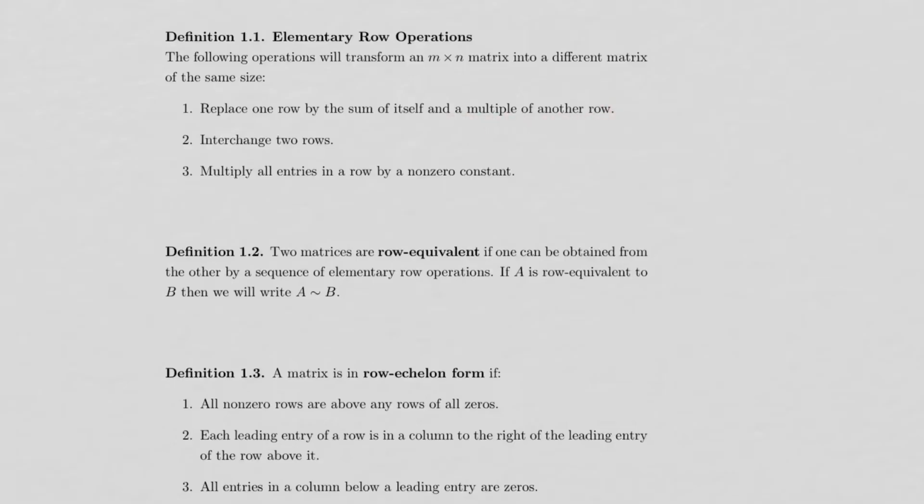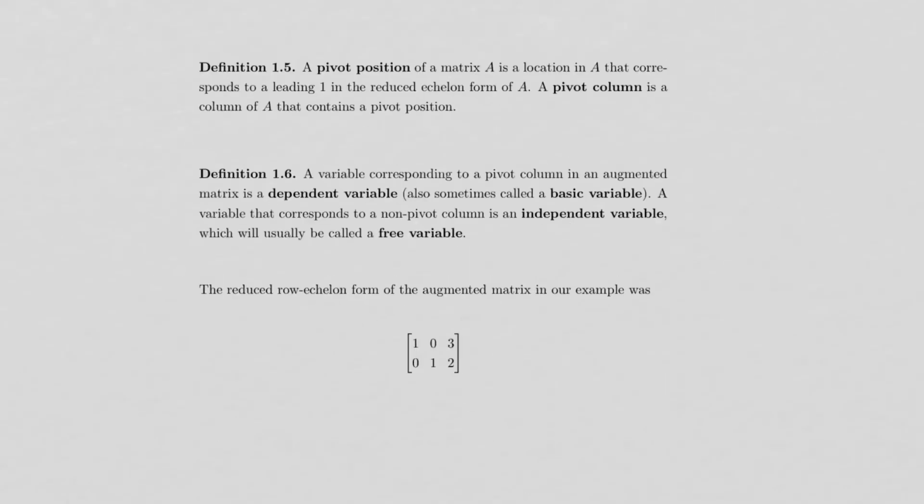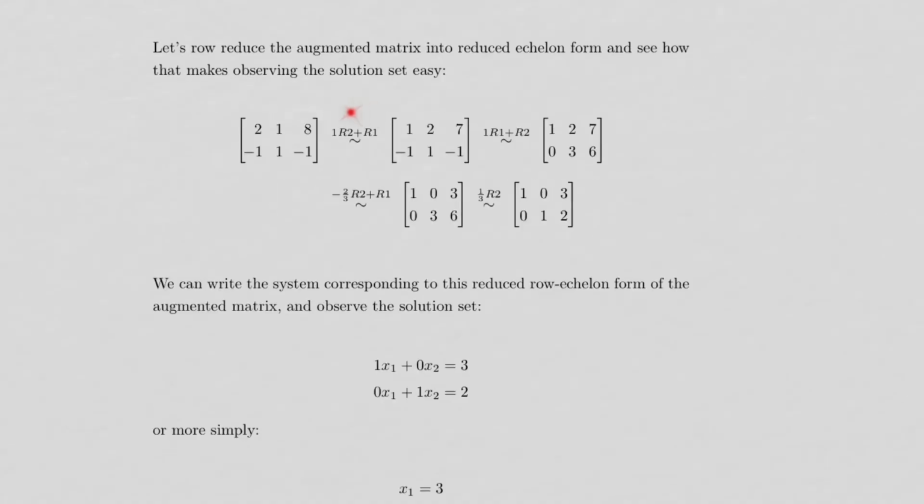So whenever you see an expression like 1R2 plus R1, R2 is getting multiplied by something, and R1 is not. So this expression is going to replace the row that's not getting multiplied, in this case R1. And that's why I've written 1R2, when really I don't need to. I could just write R1 plus R2.